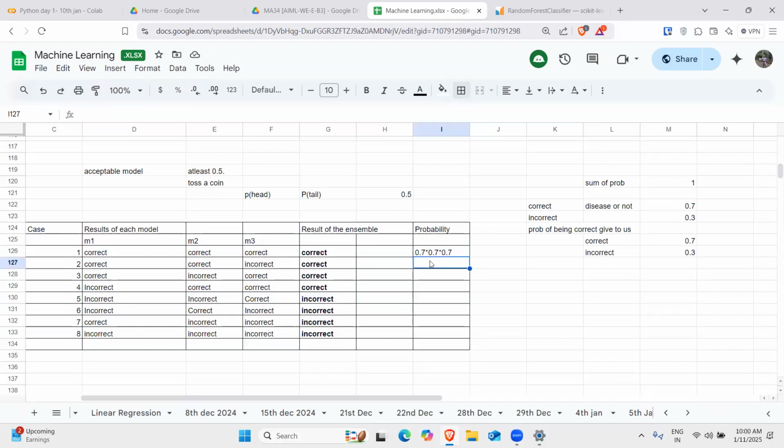And let's calculate this. Now here it will be 0.7 into 0.7 into 0.3, right? Same, 0.7 into 0.3 into 0.7. Third will be 0.3 into 0.7 into 0.7.